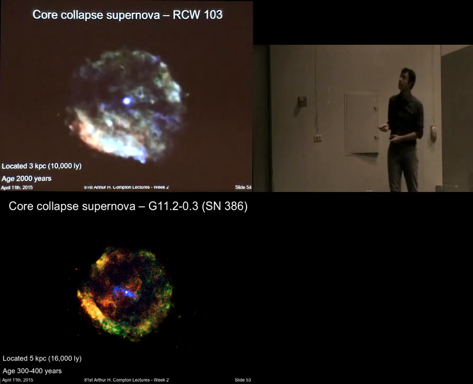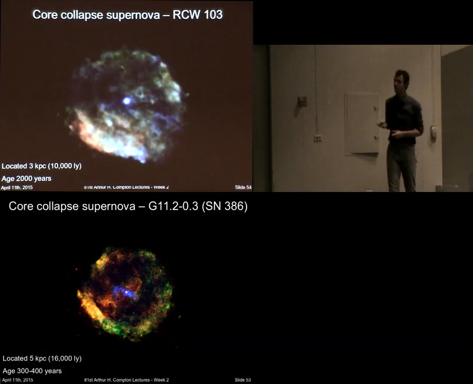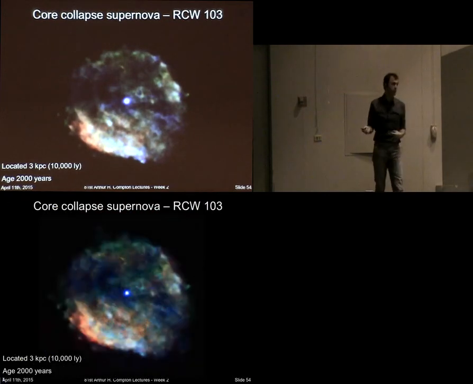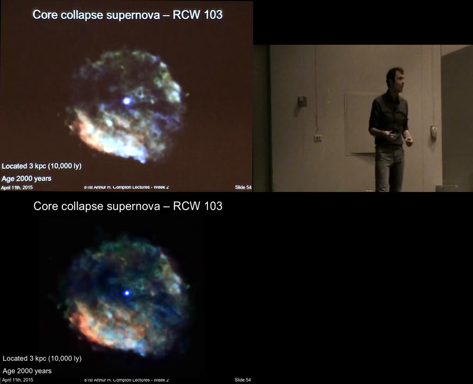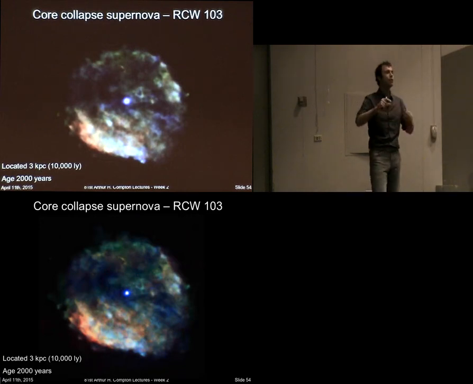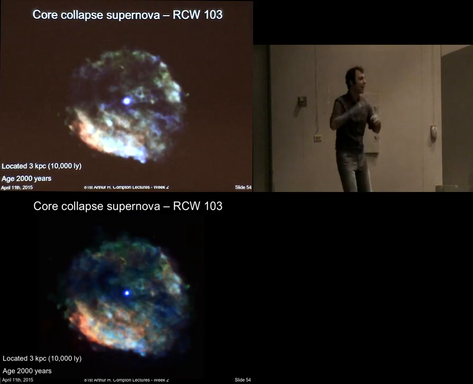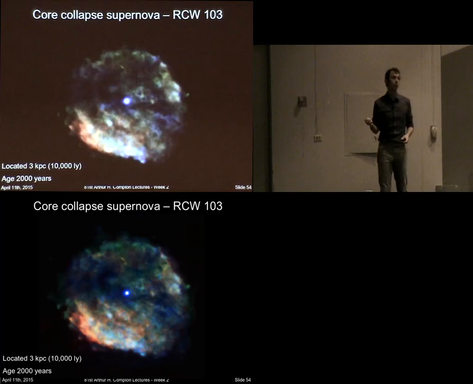And here's another case, RCW 103. These are the remnants of massive stars. Again, in the same way that we look at the planetary nebula, where the different colors correspond to the different elements in different shells of the star, the same work is done in supernova remnants.